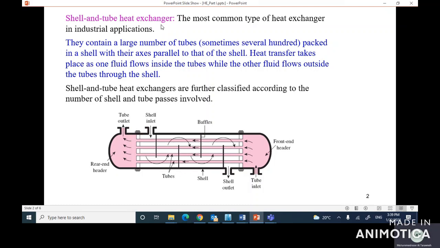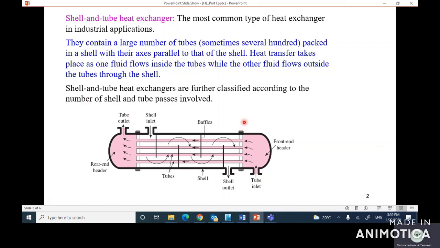exchanger in industrial applications. A heat exchanger consists of two parts: a shell part and a tube part. The specification of this type of heat exchanger depends on how many shell and how many tube passes we have per shell.